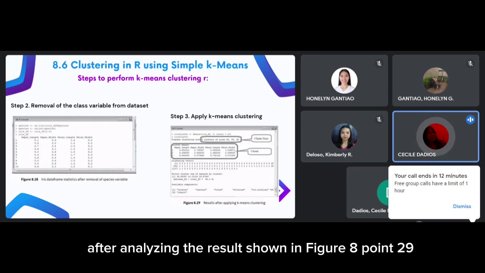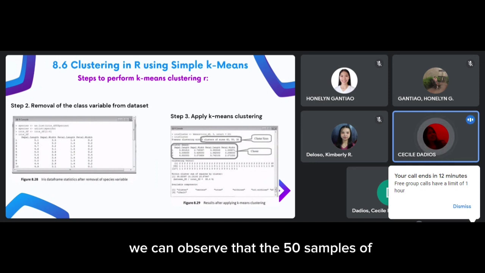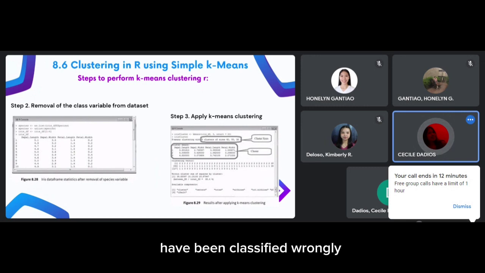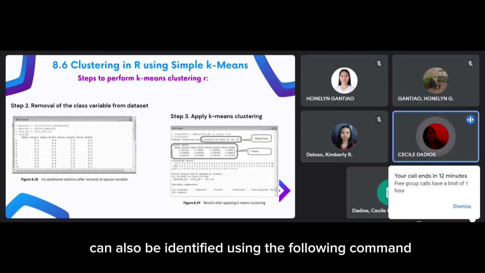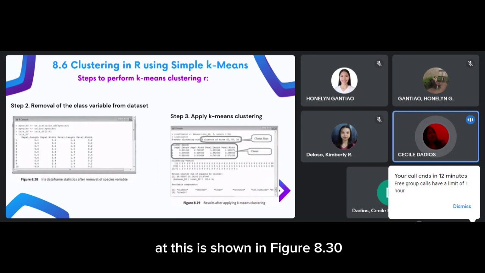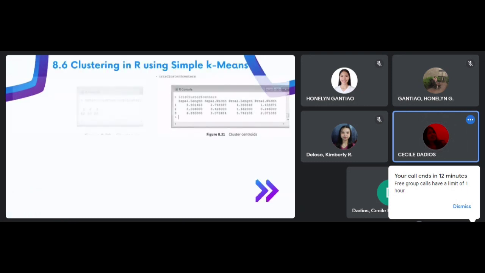After analyzing the result shown in figure 8.29, we can observe that the 50 samples of one class have been identified correctly and 12 samples have been classified wrongly and assigned to a different class. So the cluster size can also be identified using the following command as shown in figure 8.30.